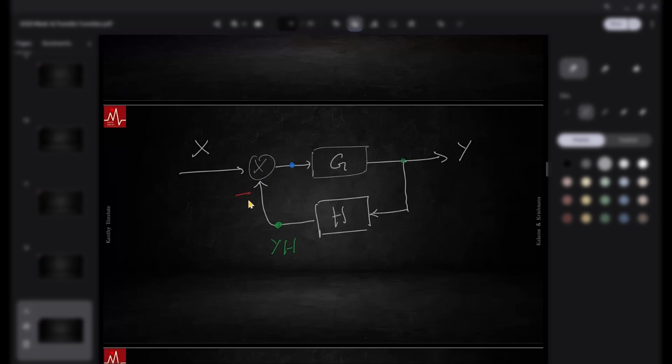That is getting subtracted here. So what you get here is X, then you subtract YH. And finally, what comes out here? Can anyone say that? It goes in as X minus YH. It goes into system G. What comes out?